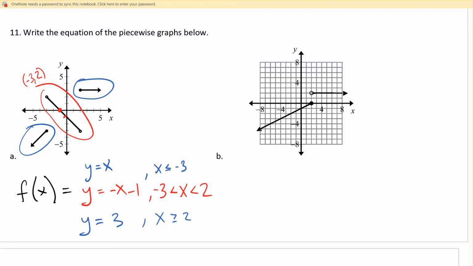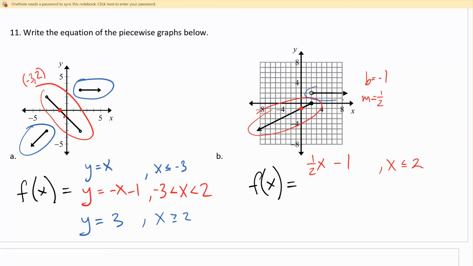Our next one, f of x equals, and let's call this one our red line. Its constraint is x values that are less than or equal to 2. This line looks like we've got a y-intercept of -1 and a slope of up 1 over 2, so that's the equation 1/2 x minus 1.